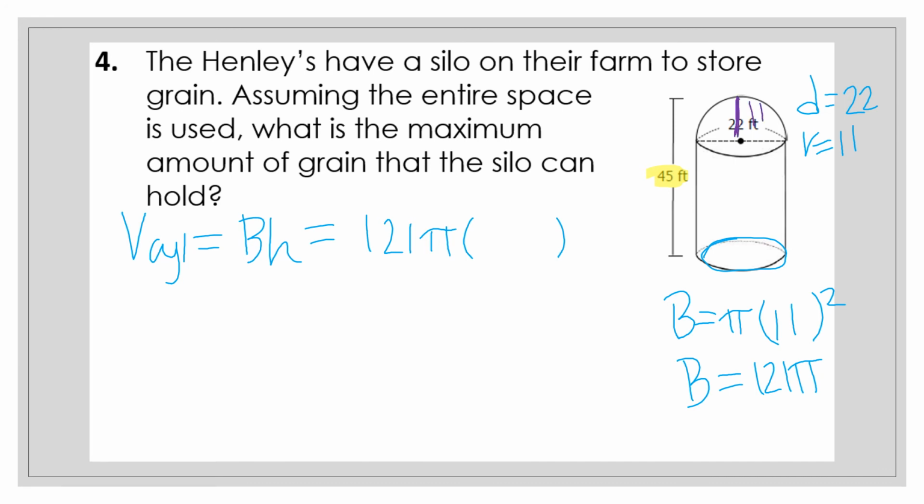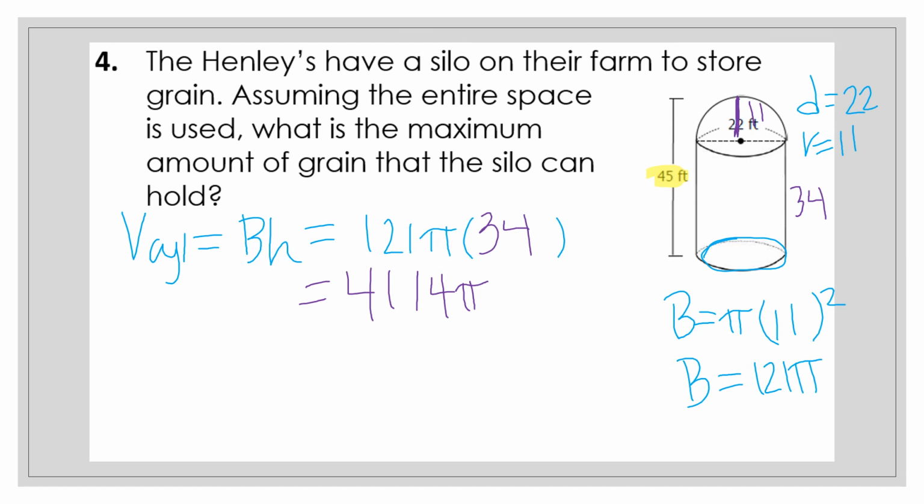So the cylinder is going to be 45 feet minus 11, which is 34, because it doesn't include that 11 feet. So the volume of this cylinder is 121 pi times 34, which is 4,114 pi.